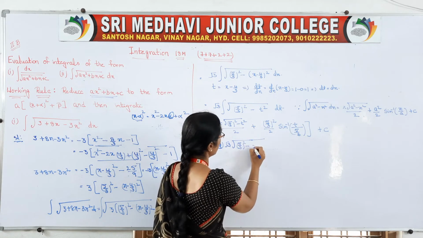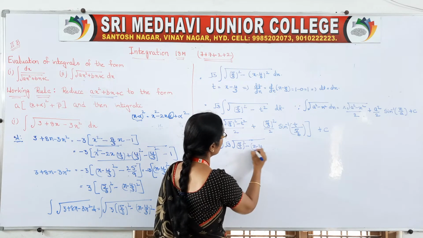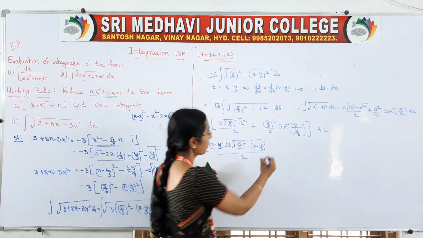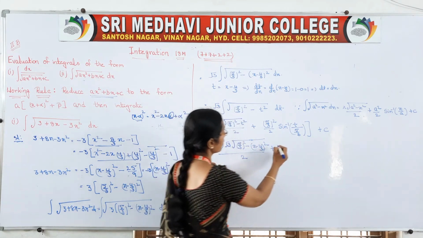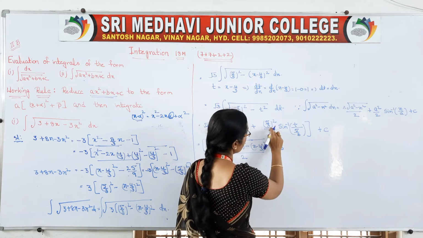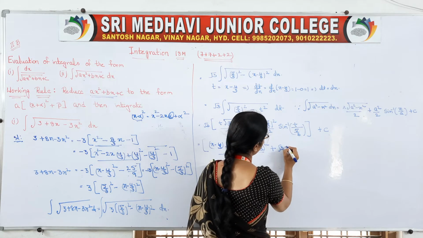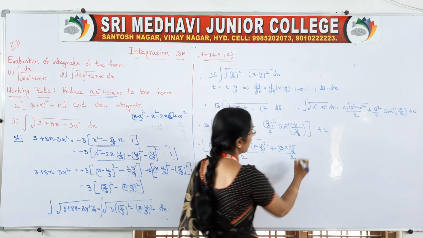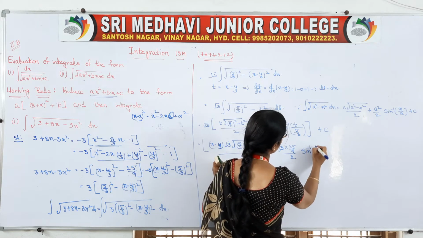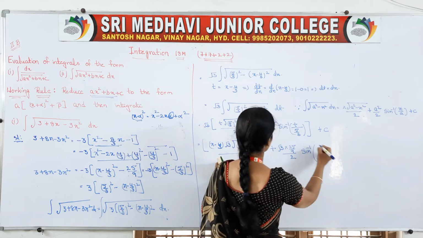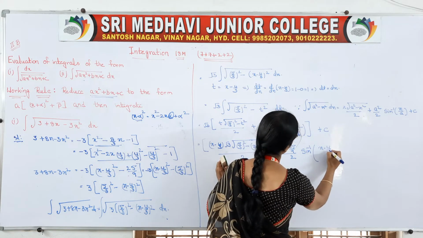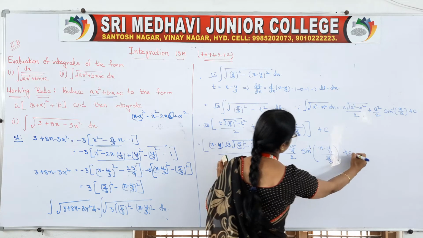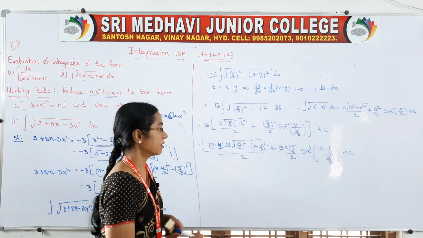In t place, (x minus 4 by 3)² by 2, plus the same thing multiplied with root 3, and (5/3)² is 25 by 9, by 2, into sine inverse, what is t? t is x minus 4 by 3 by 5 by 3, plus c is the answer, right?